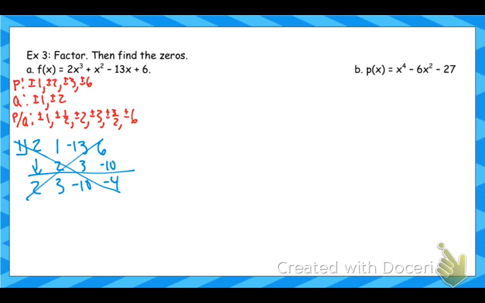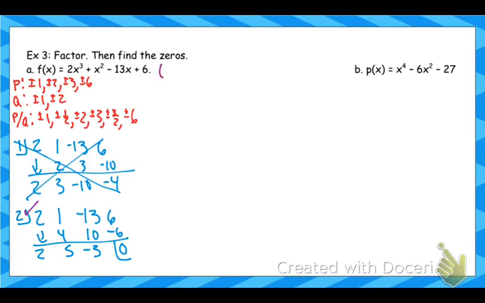What's nice is there's more than one answer that'll work in this case, so we need to find one that does. Let's just try 2. Again, list those coefficients. And then I get a 0 as a remainder. As soon as you get 0 as a remainder, that's good. That tells you that 2 is a zero. That also tells you that x minus 2 is a factor.